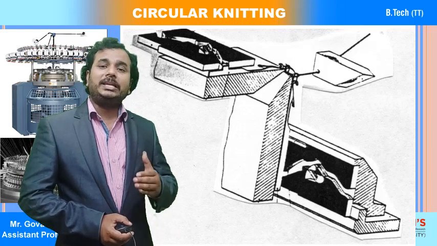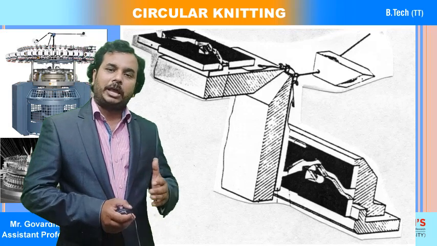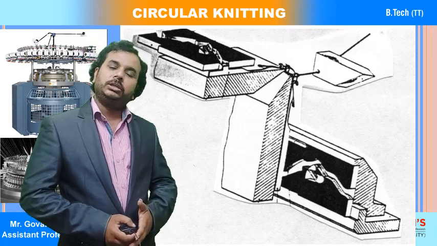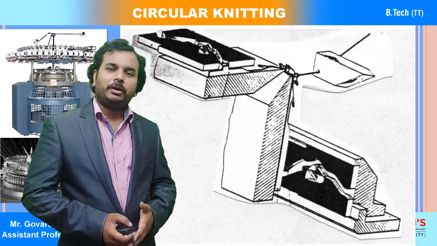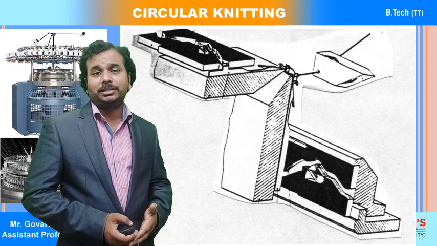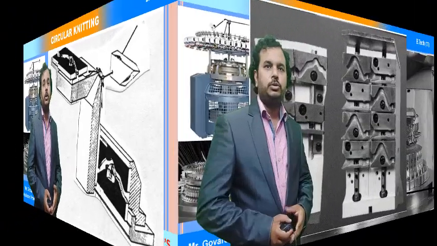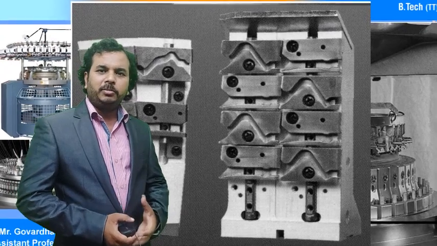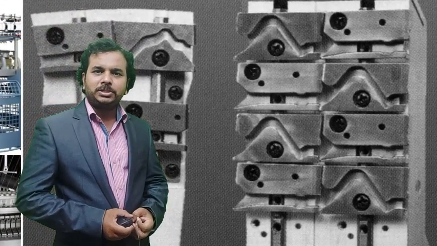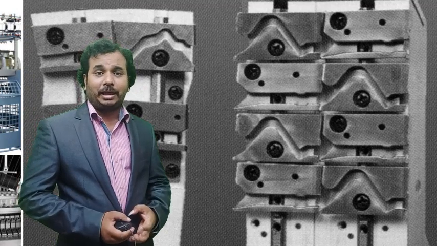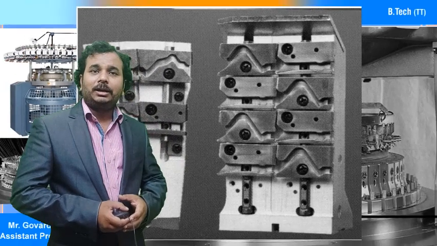Okay, so we can make two different types of fabrics by using the cylinder and dial category. Those are rib structures, and the second one is called interlock structures. You can see here the image shows the cylinder cam tracks and the dial cam tracks. You can observe that the cam tracks are different.